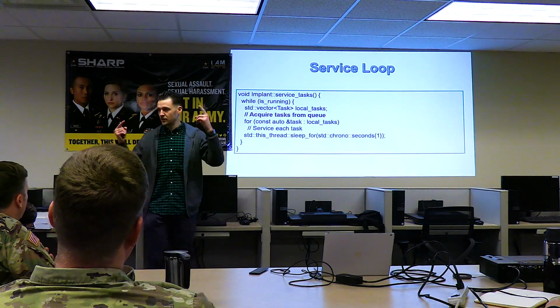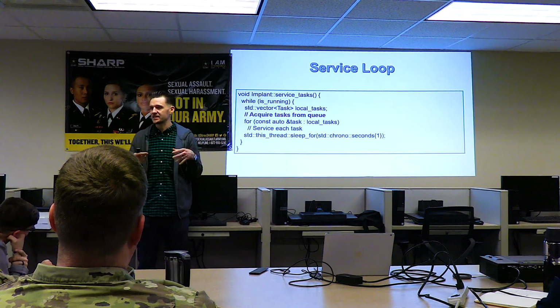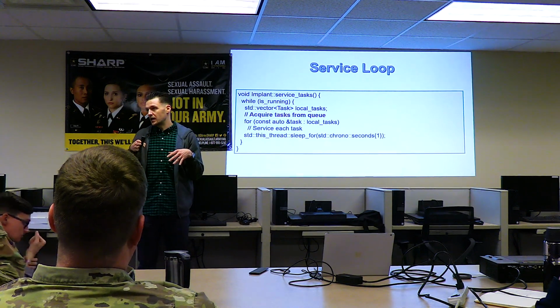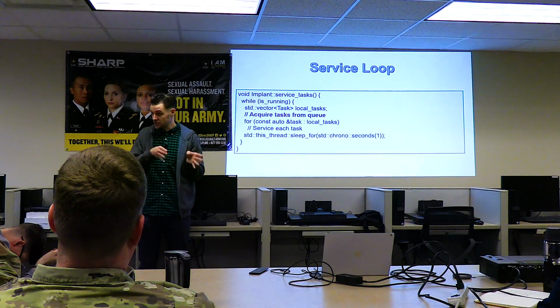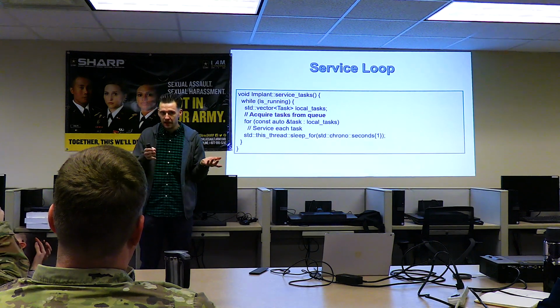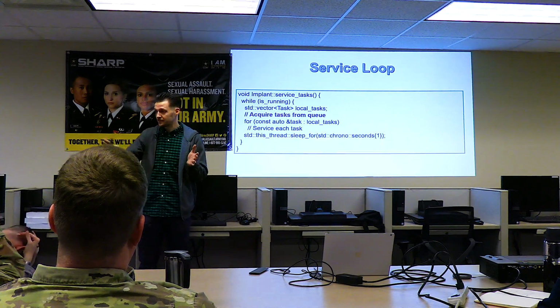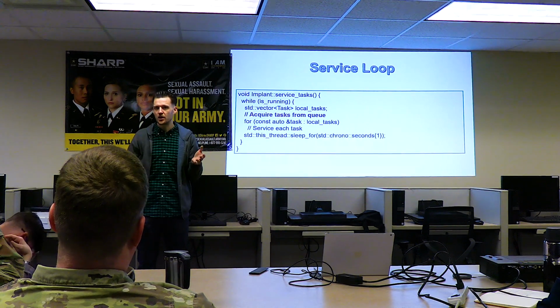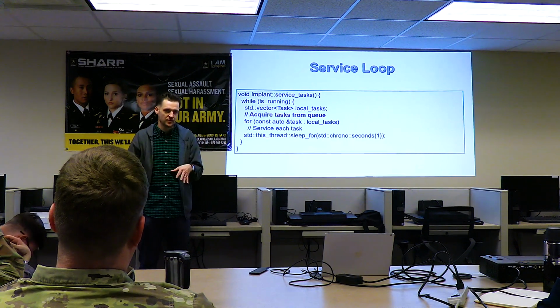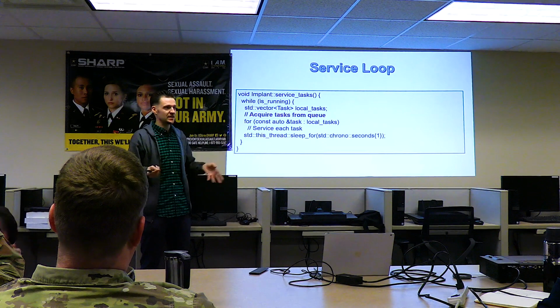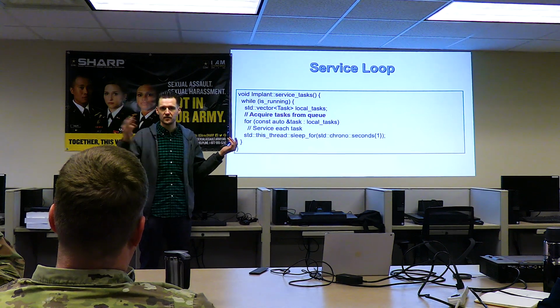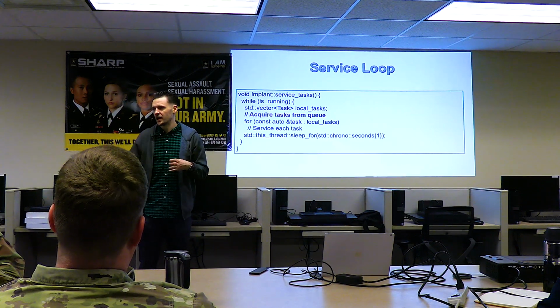So basically we've created a vector of tasks. This is a sequential container, so it's like an array, but it can grow and shrink. There are pluses and minuses. There are places for arrays, and places for vectors, but this basically has an unbounded size until you run out of memory.